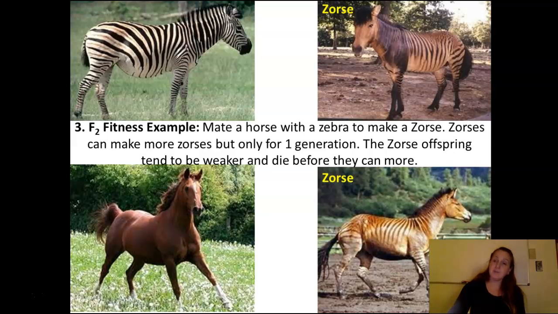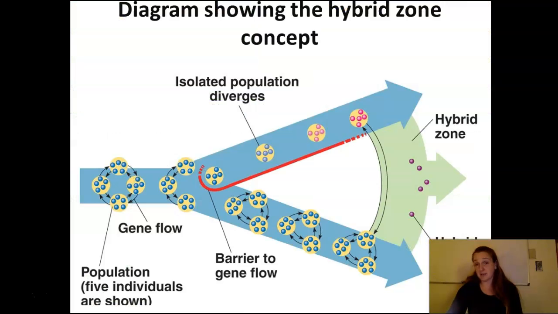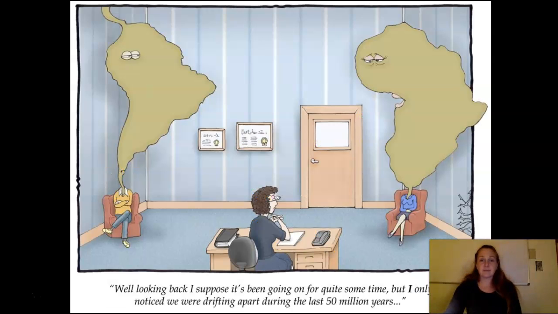I don't want to downplay the role of those large-scale isolating mechanisms. So one of the large-scale isolating mechanisms that we talk about is the role of geology and continental drift. Now, the thing we always have to keep in mind is that the plates in the crust are moving very, very slowly.